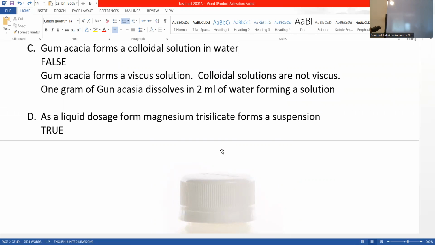So go to D. As a liquid dosage form, magnesium trisilicate forms a suspension. That is true. In liquid forms, magnesium trisilicate is a suspending agent. It suspends in the solution without the help of a suspending agent.